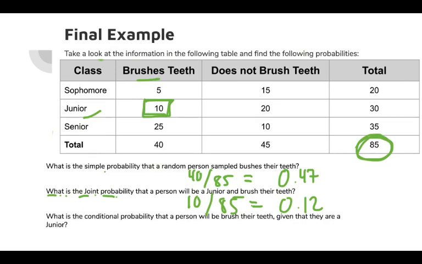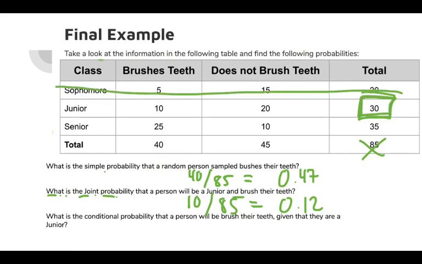So then the next question is, what is the conditional probability that a person will be brushing their teeth given that they are a junior? Okay, so now this changes everything. If I'm saying given that they are a junior, I'm no longer looking at all 85, right? I'm looking at only those that are juniors. My condition now is I'm only looking at the juniors.